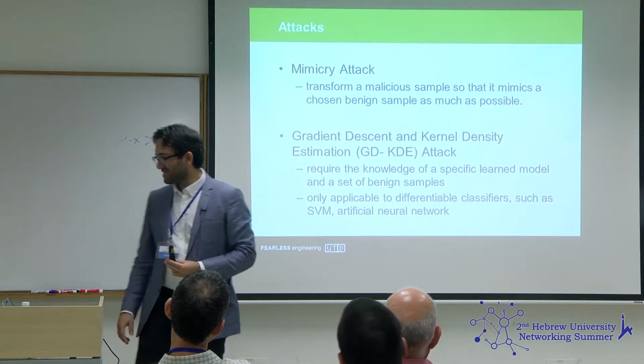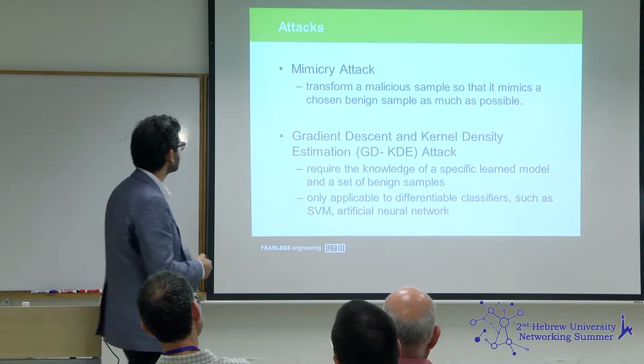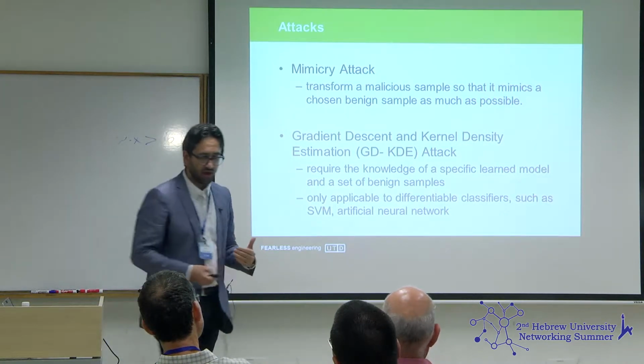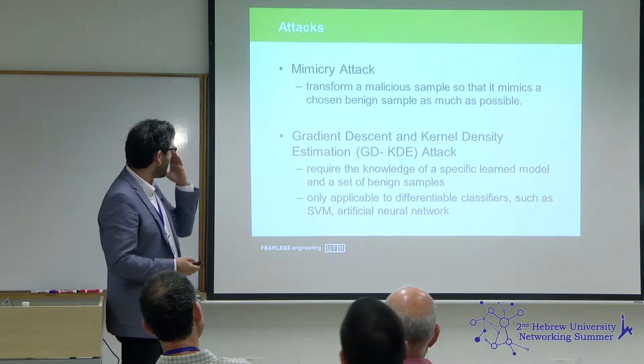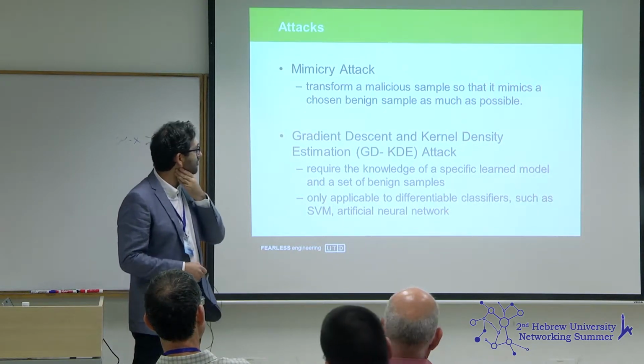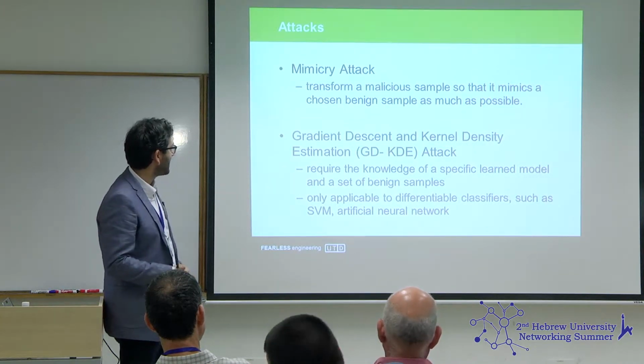Now they look at a couple of attacks. One is called the mimicry attack. This is a very common attack. You try to look like a legitimate one, and you transform the sample until it mimics a chosen benign sample.